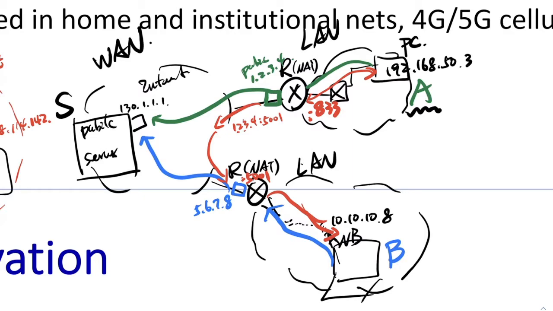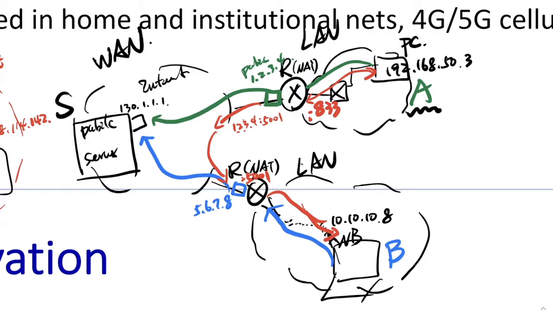But there would have to be a port forwarding entry or a NAT entry that lets A go along the red line, pass through the green NAT server, go to the public internet, and go to the blue NAT server, and go into B's private network.